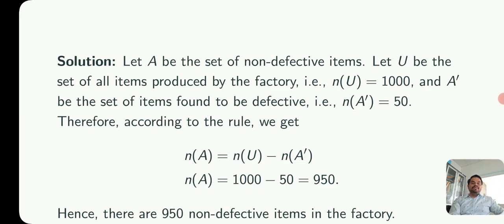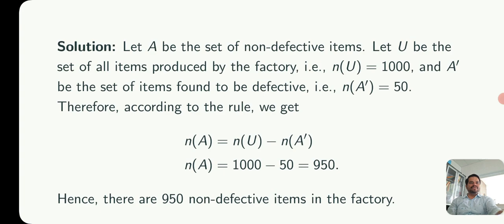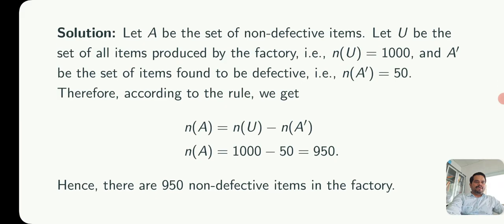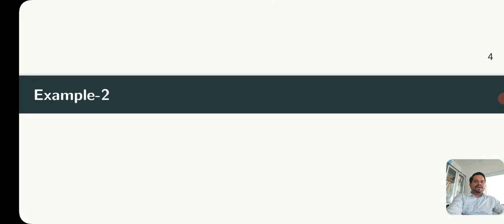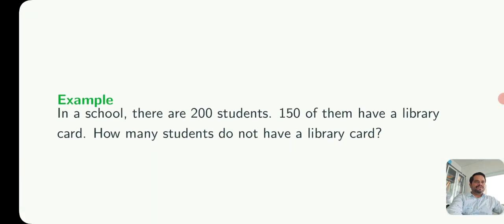Therefore, by using the subtraction principle, we get n of A equals n of U minus n of A dash. It means you put the values: the number of elements in the universal set minus the number of elements in the complement of set A. So this is 1000 minus 50, which is 950. So the number of non-defective items is 950.